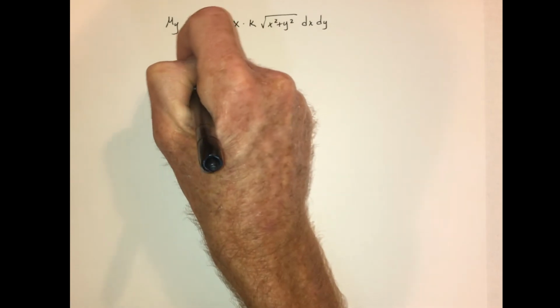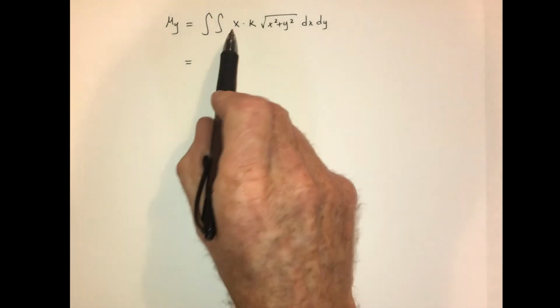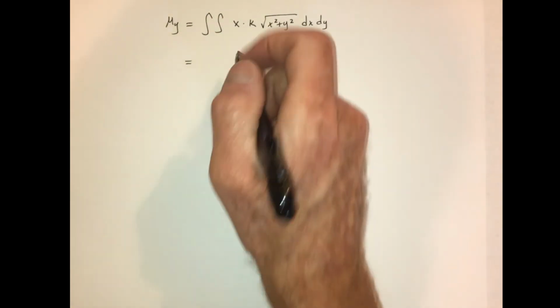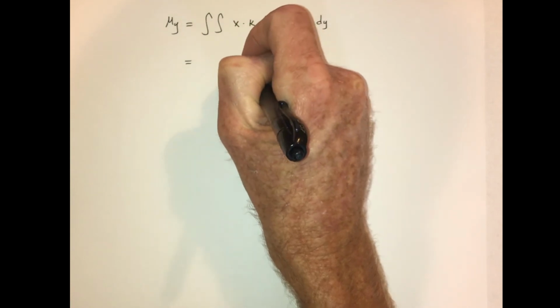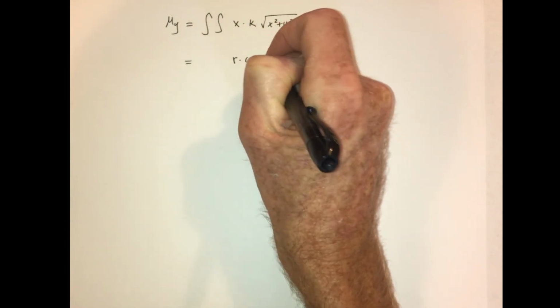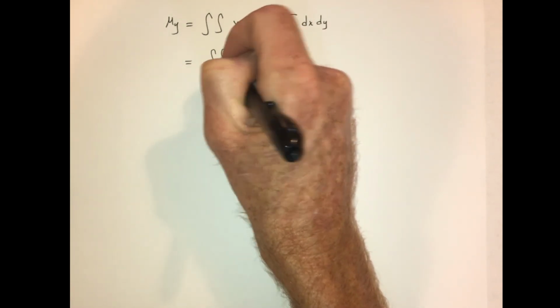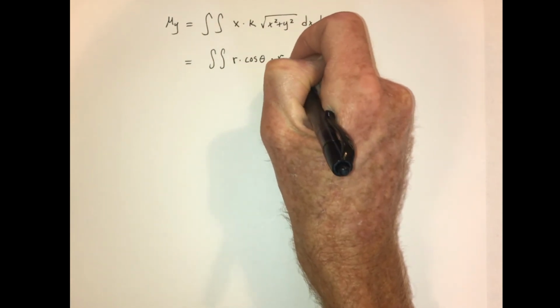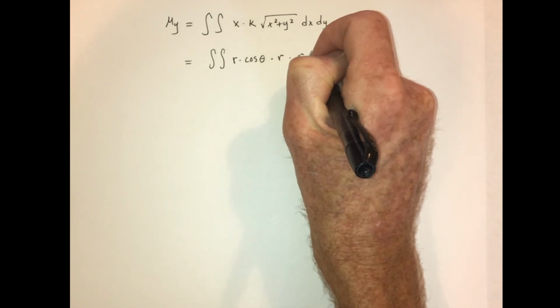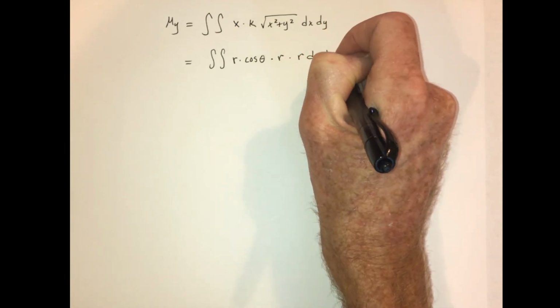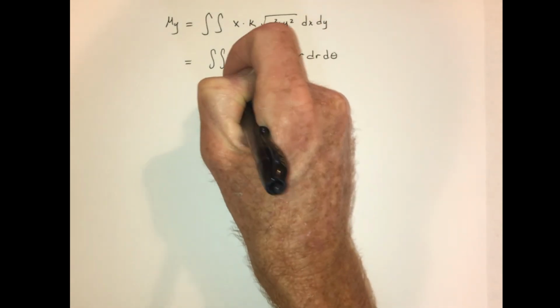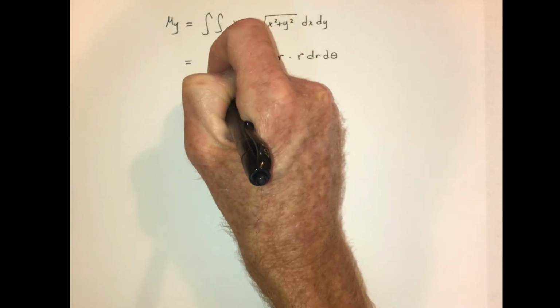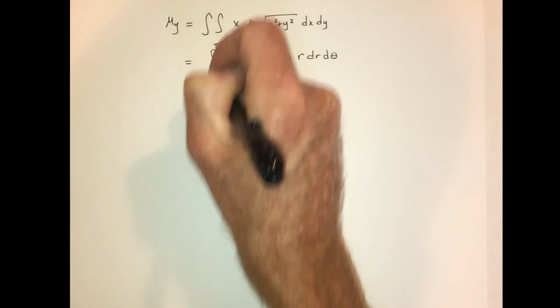And again, I'll change to polar. So in polar, x is equal to r times cosine theta. And then this square root becomes just r. And then there's r dr d theta. And again, r goes from 1 to 3, theta goes from 0 to pi.